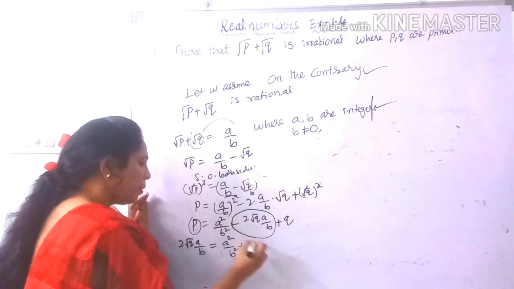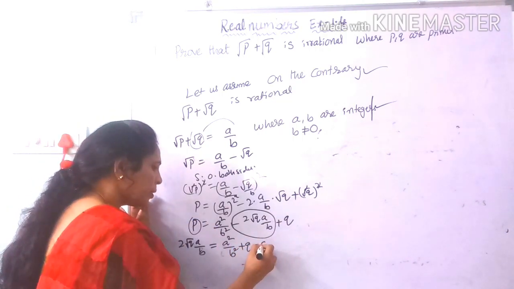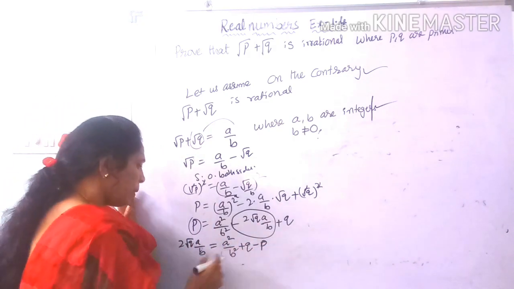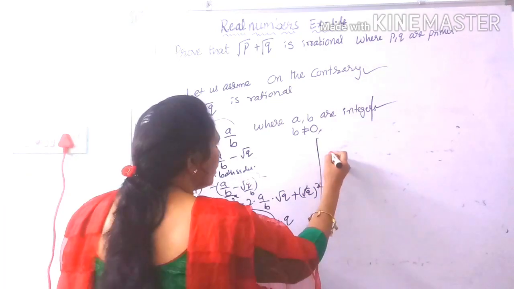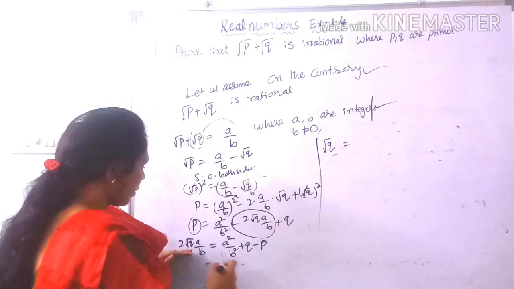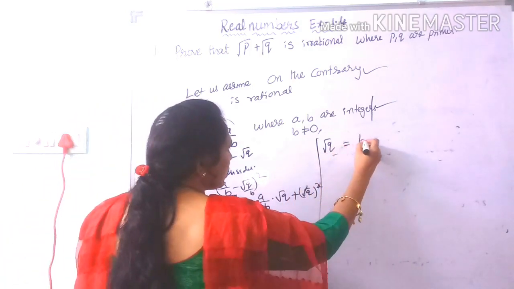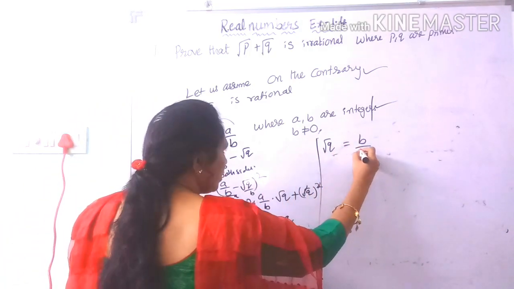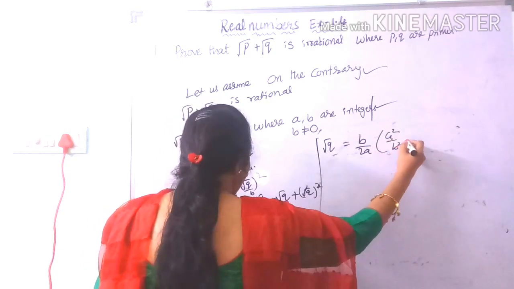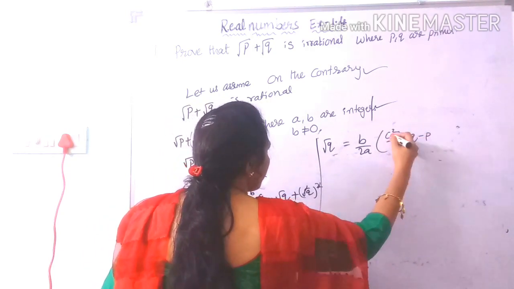This p becomes minus p after going to the RHS. So then root q is equal to, this will be reciprocal, 2a by b means b by 2a, times a square by b square plus q minus p.